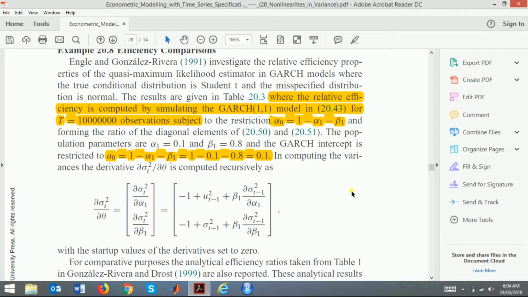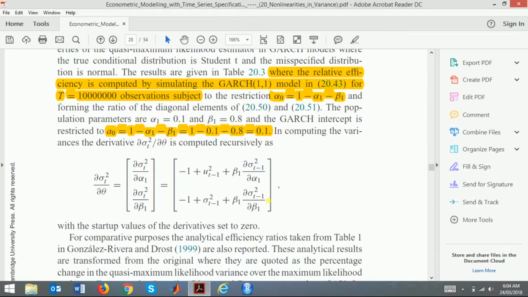In computing the variances, the derivatives are computed recursively, with the starter value of the derivative set to 0.